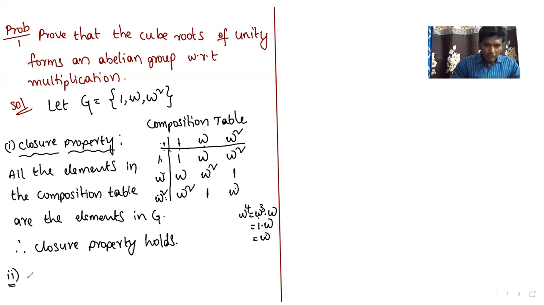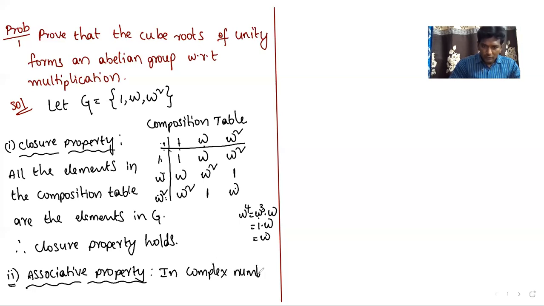And similarly associative property. Associative property means, in complex numbers, the associative property holds under multiplication.